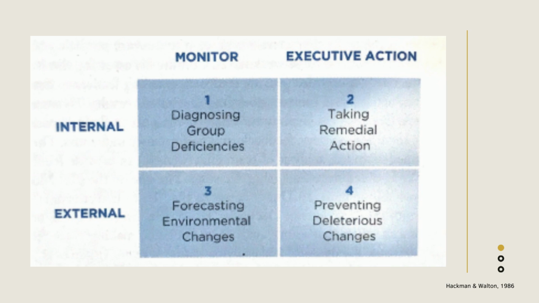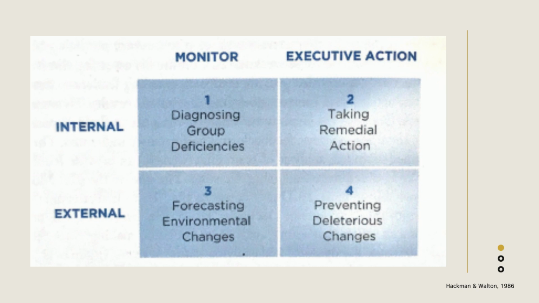So this is an image of McGrath's critical leadership functions, and it illustrates what potential monitoring or action-taking steps can look like. In quadrants 1 and 2, McGrath illustrates steps for monitoring or remedying internal problems.